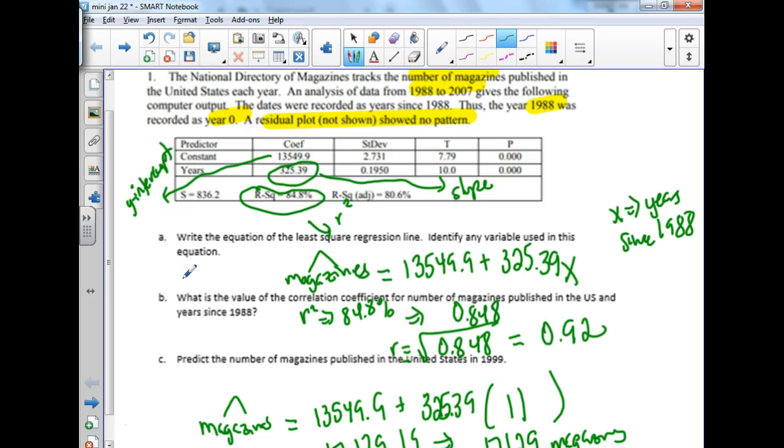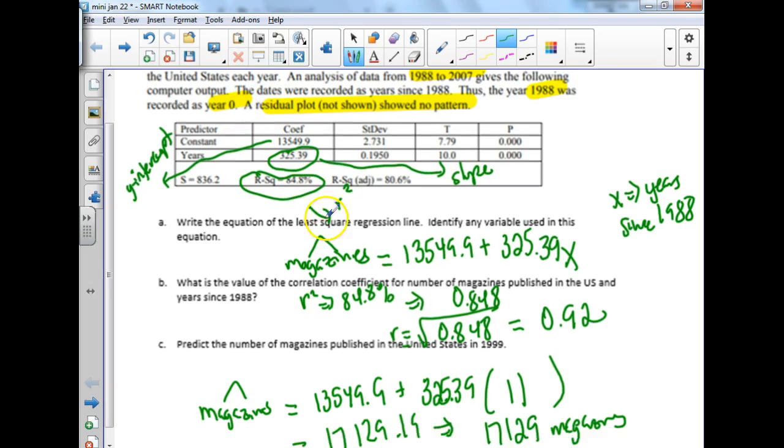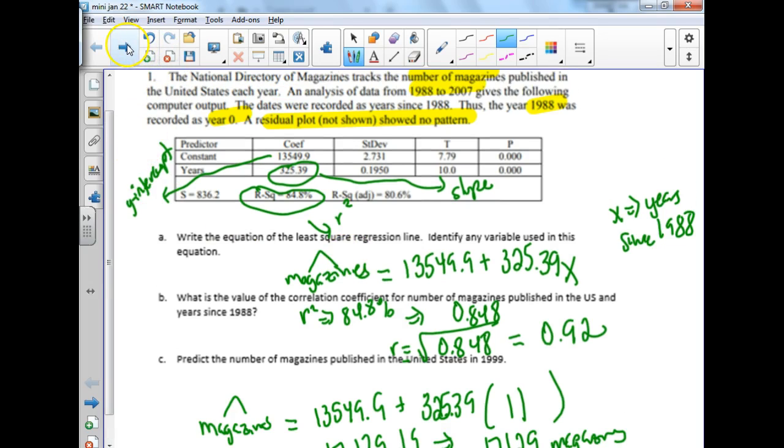Because our data spanned from 1988 to 2007, that would represent extrapolated data. Remember, extrapolated data is not the most reliable, so we would be hesitant to use this LSRL for that data. Again, that was not on the problem, but I need you to be very conscious that I can give you the exact same data output and ask you various problems for it.